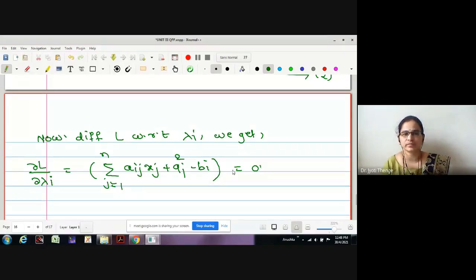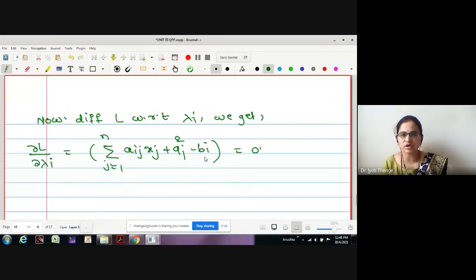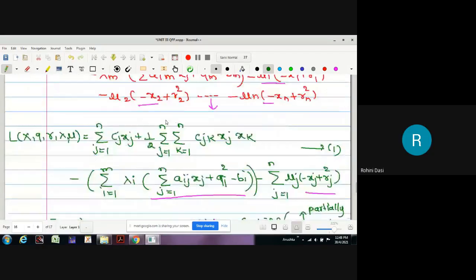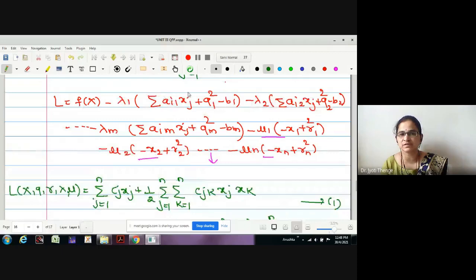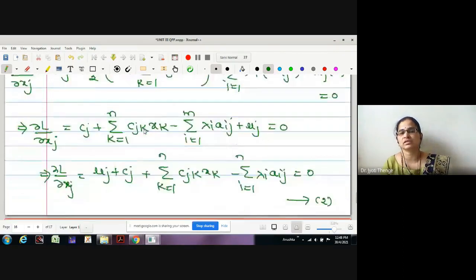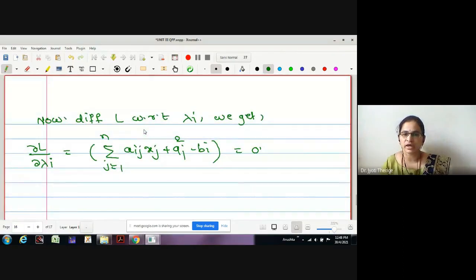Is this point understood? If I differentiate with respect to lambda 1, it gives the first constraint. If I differentiate with respect to lambda 2, it gives the second constraint, and all the rest of the derivatives are 0. In general, differentiating with respect to the ith Lagrange multiplier lambda i gives the ith constraint. That is what I have written. This is my equation number 3.